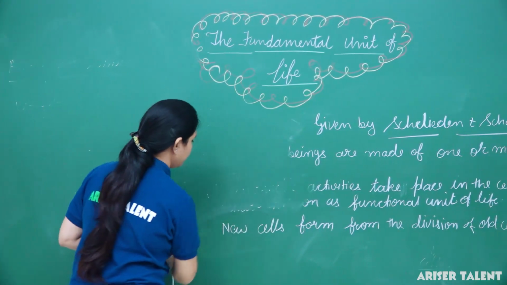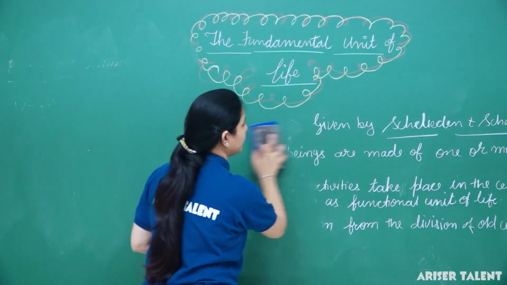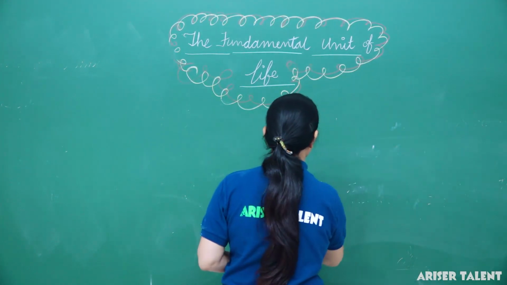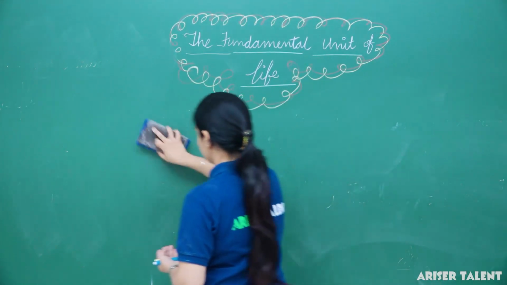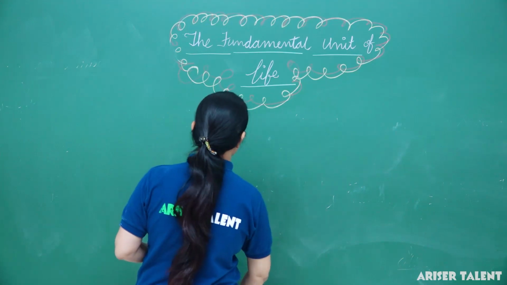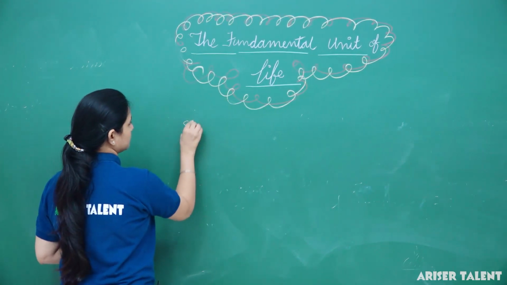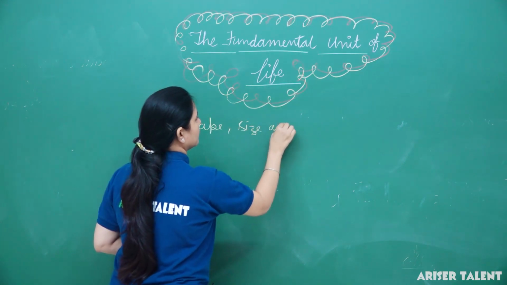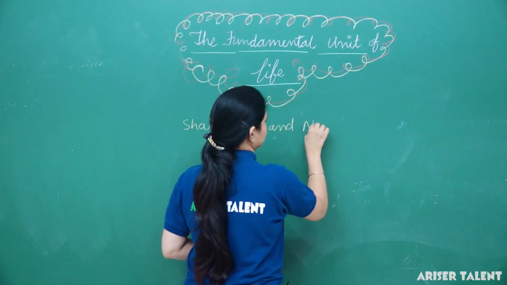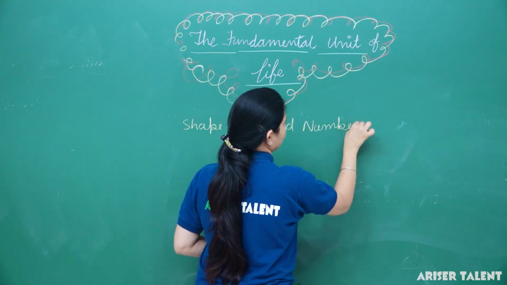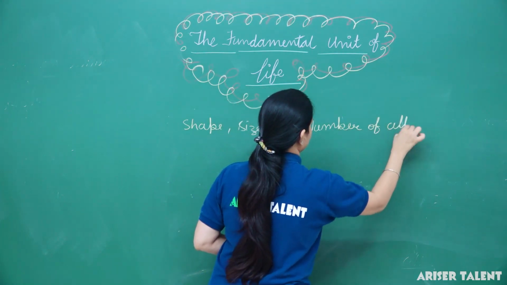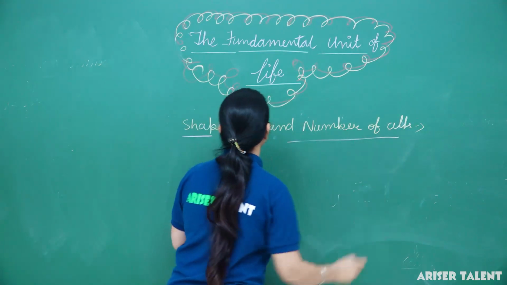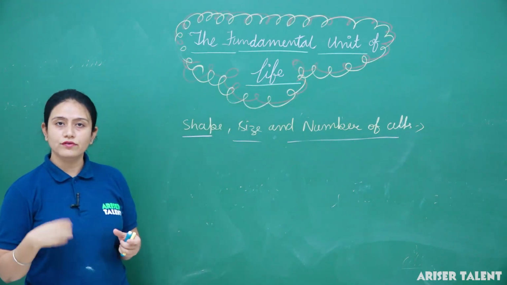As we know, different organisms have different types of shapes of cells and size. So, next our topic is shape, size and number of cell. Okay, here if we talk about shape, then cells are of different shapes.